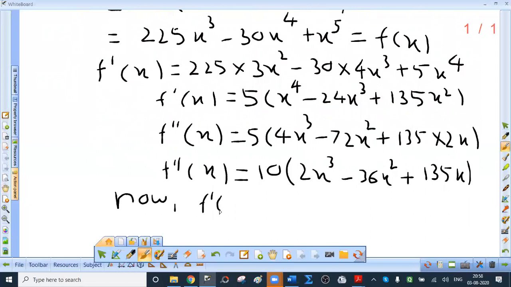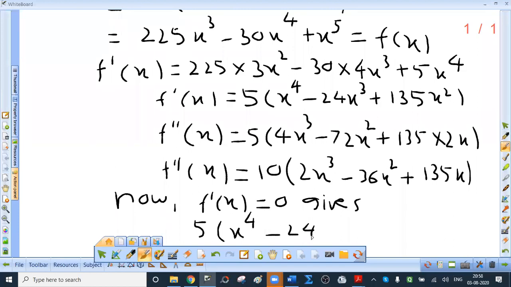Now f dash of x equal to 0 gives 5 into x raised to 4 minus 24x cube plus 135x square equal to 0. Solve this equation. Tell me the values of x.